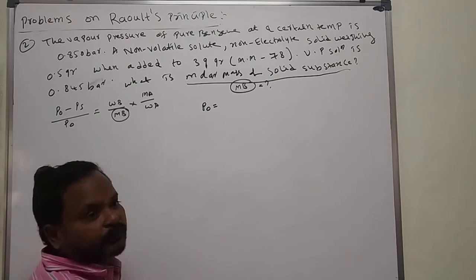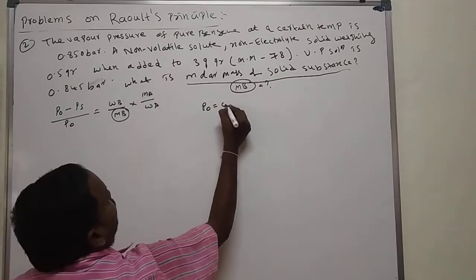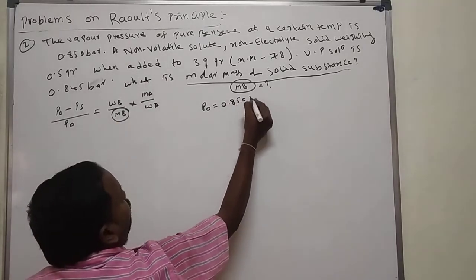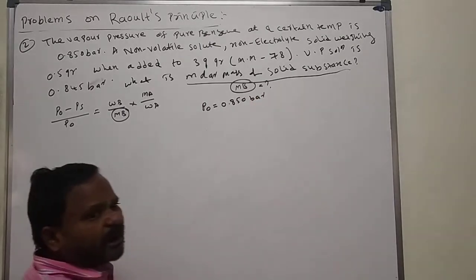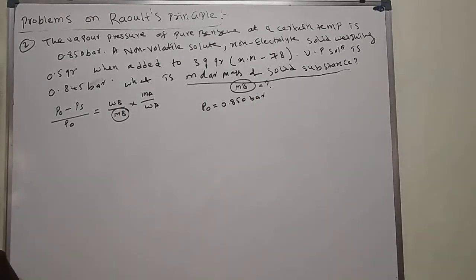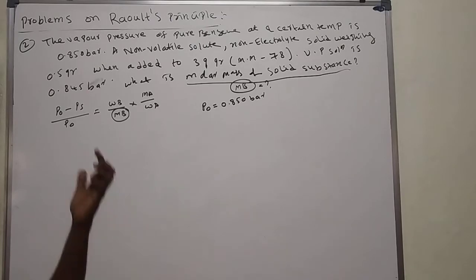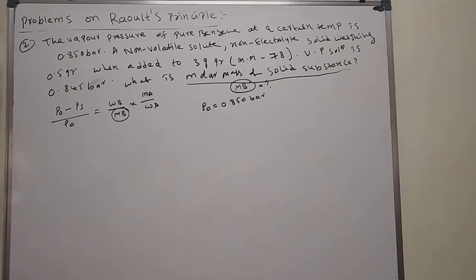Vapor pressure of pure solvent, 0.850 bar. Don't think about units, bar or any. Both will come the same. If you take bar, you will get the bar answer. If you take atmosphere, you will get atmosphere. If you take mm of Hg, you will get mm of Hg. If you take Newton per meter squared, you will get Newton per meter squared.